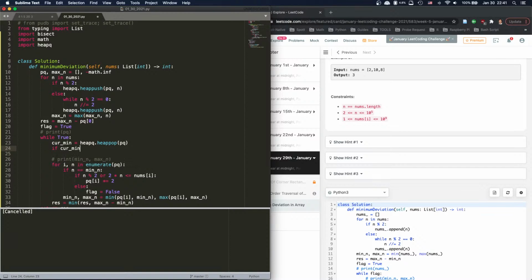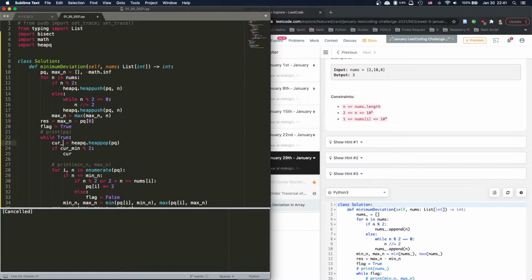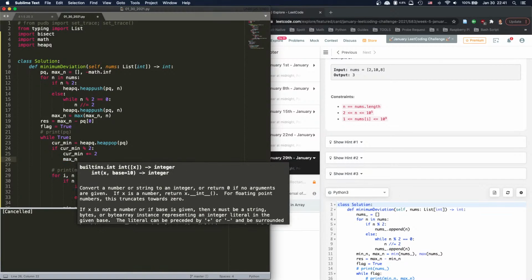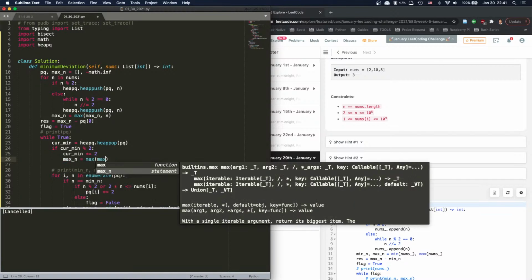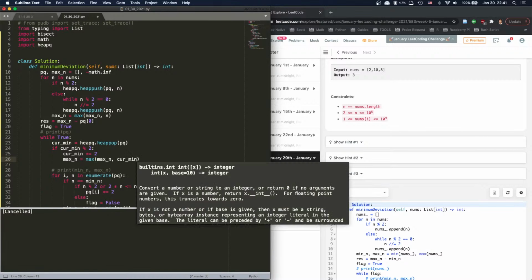If current min is odd, then we can do current min times equals 2, and then max n equals max of max n and current min, right?